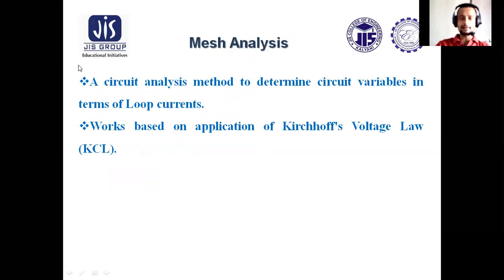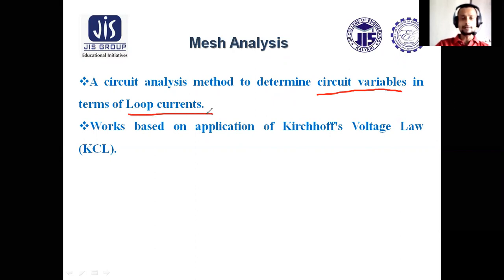Like nodal analysis method or Kirchhoff's laws, current divider, voltage divider rule, this is another network analysis method which is used to determine voltages or current for a particular branch, that is, which is used to determine circuit variables in terms of loop currents. So what are loop currents, that I'll discuss later.